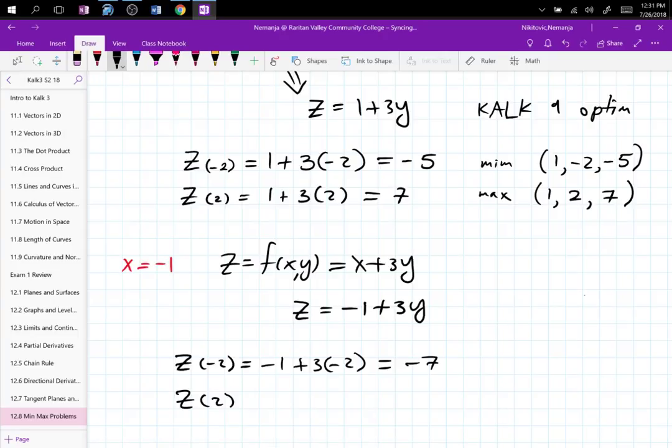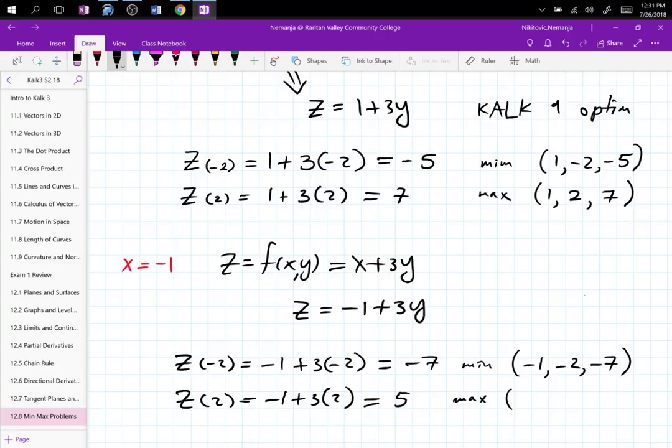And z at 2 is -1 plus 3 times 2, for a total of 5. So now this is your min, this is your max. Min is at (-1, -2, -7), and the max is at (-1, 2, 5).